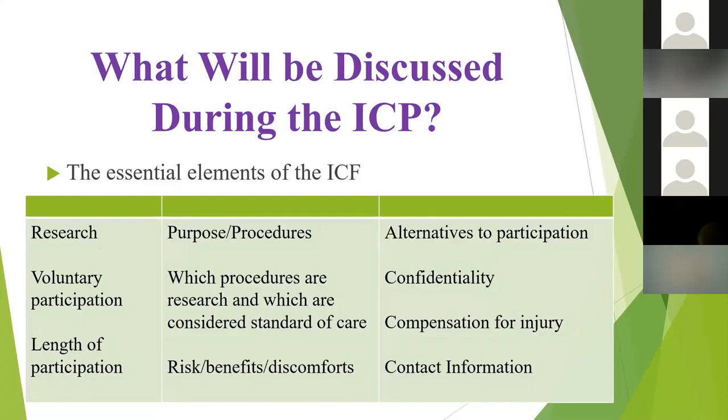You have to describe the purpose and procedures. You have to give them alternatives to participation. You have to state specifically that this is voluntary. You have to clarify which procedures are research and which are considered standard of care, because that oftentimes gets muddied in the minds of a subject.